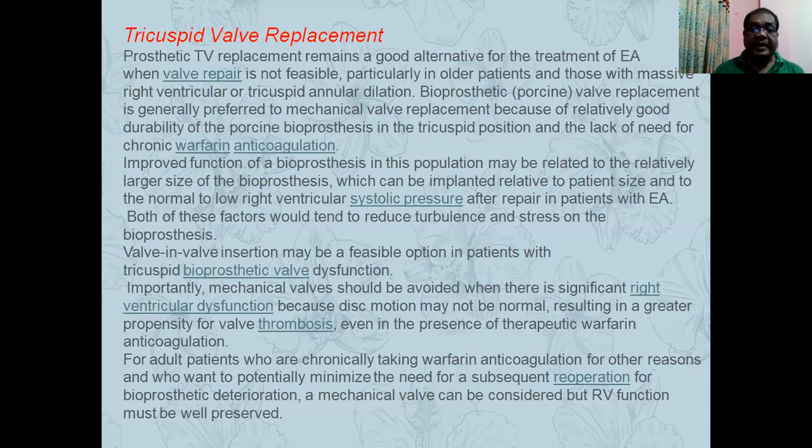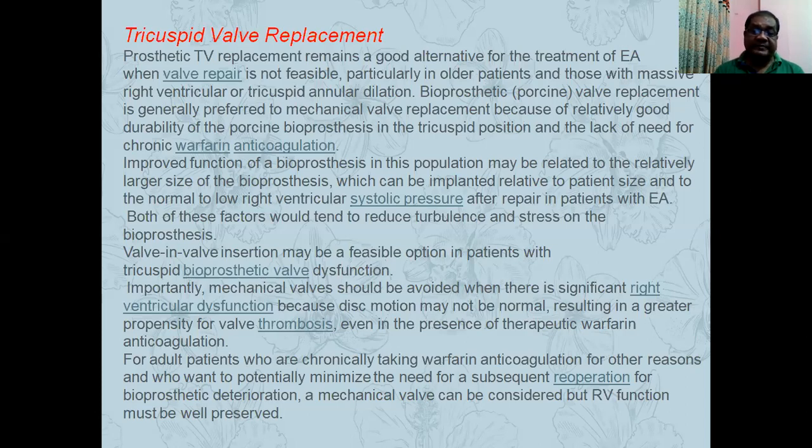Improved function of bioprosthesis in this population may be related to the relatively larger size of the bioprosthesis, so there is less wear and tear. A relatively large valve can be implanted relative to the patient size, and right ventricular systolic pressure is normal to low after repair in patients with enlarged annulus.